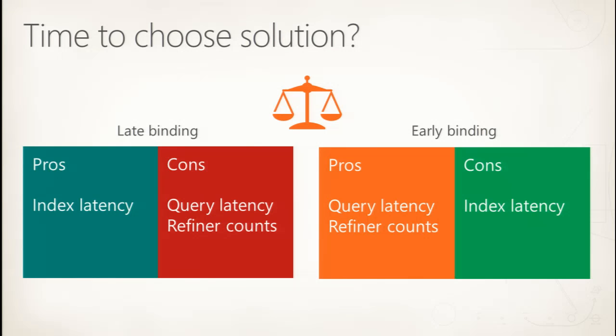Well, I think there are two primary questions. One is, how often do your security permissions change in the external source, be it Documentum, Lotus Notes, whatever? And secondly, how accurate and fresh do you need the security information in the index to be? If the answer to the latter question is you need to be real time, pre-trimming is not the right solution, because there will always be a certain index latency with indexing the security information.